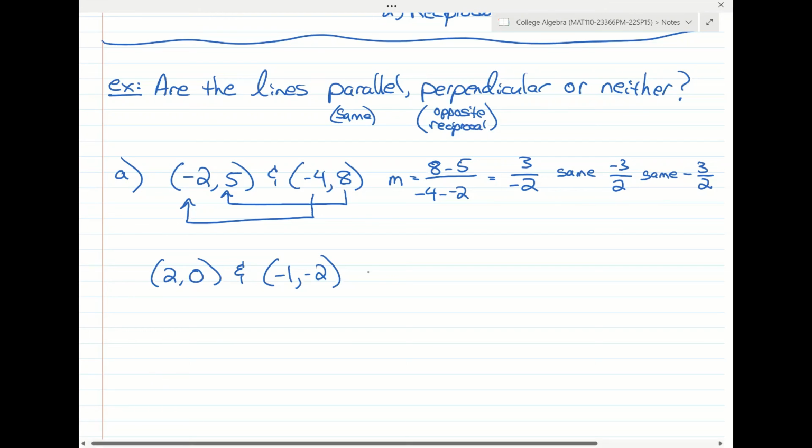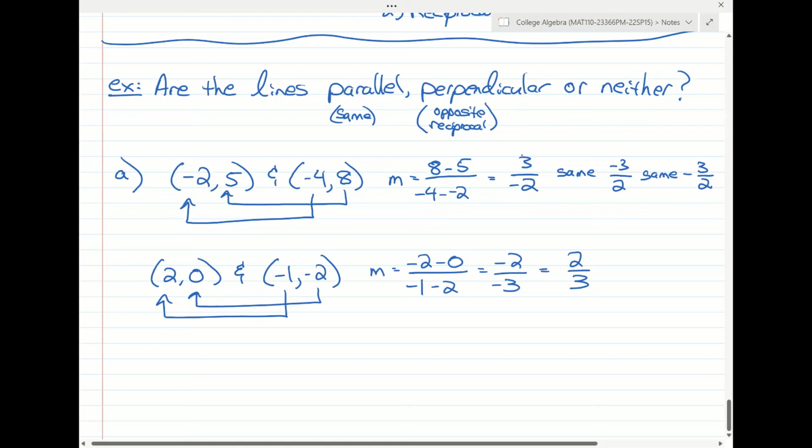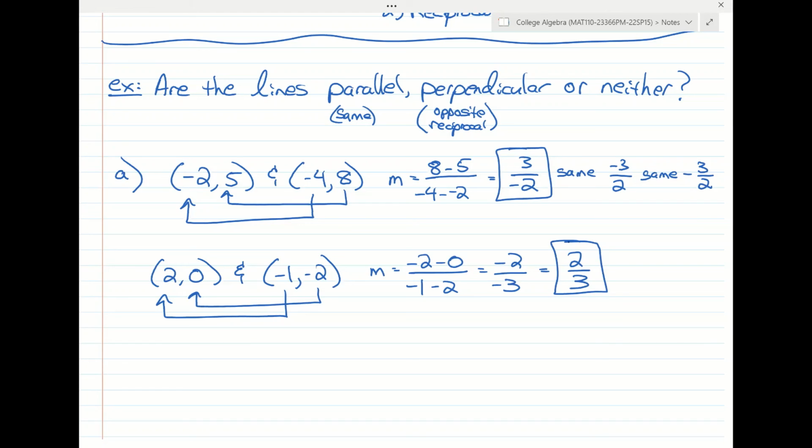In the second line, the slope would be -2 minus 0 over -1 minus 2, which would be -2 over -3, or positive 2/3. What are these 2 lines? Perpendicular, because not only are they switched, but they're also the opposite signs.